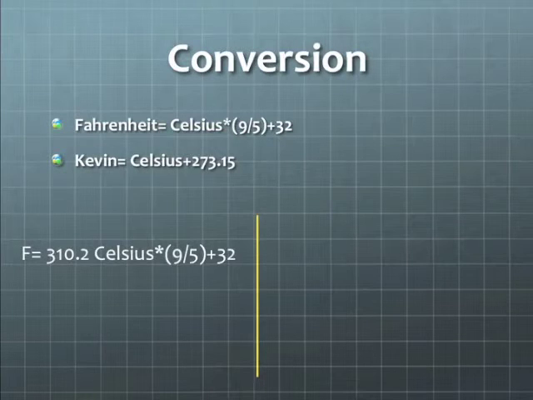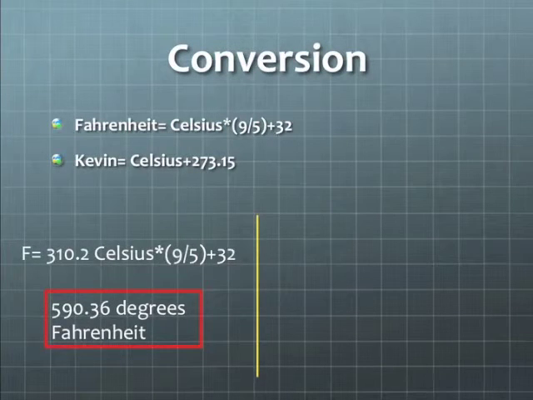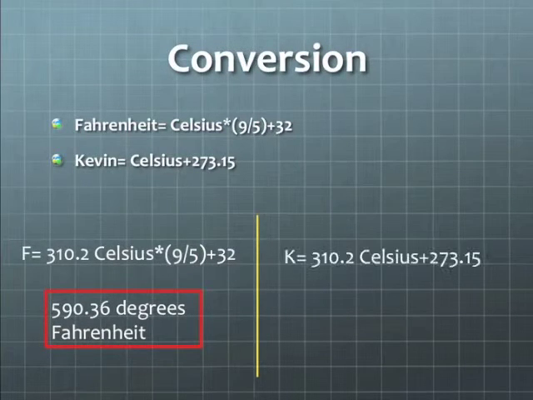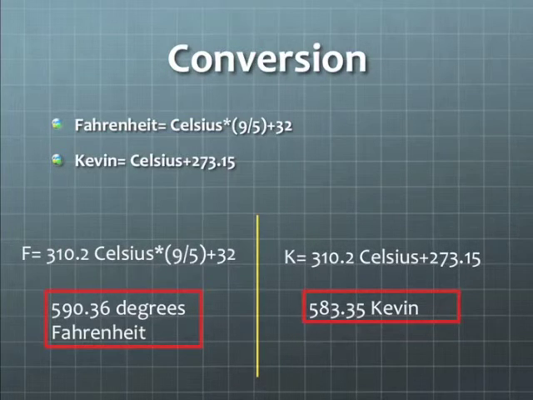So I plugged in the Celsius value that I got in the previous answer to the formula, and I got 590.36 Fahrenheit. For Kelvin, I inserted the same Celsius temperature, and I followed the formula and added, and I got 583.35 Kelvin as the result. These temperatures are all the change of temperature of the argon gas, but they're just in different units.